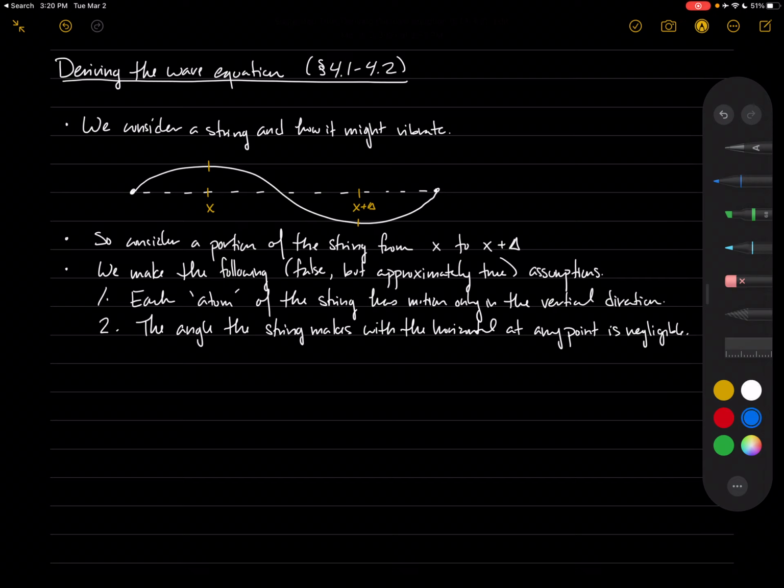So what I mean by that is if we look at, say, this point here, and we look at this tangent line to the string here, and we measure the angle that this makes with the horizontal, theta, we're going to make the assumption that this theta is very close to zero.